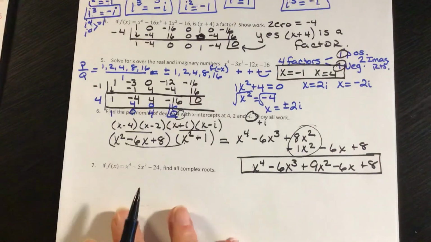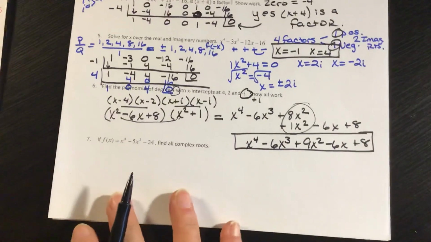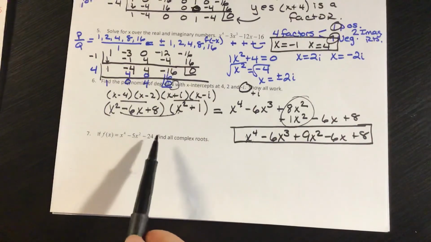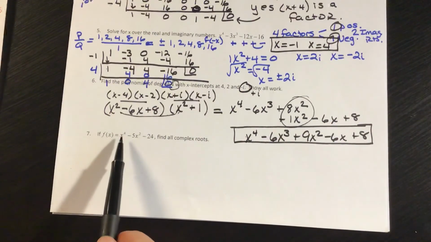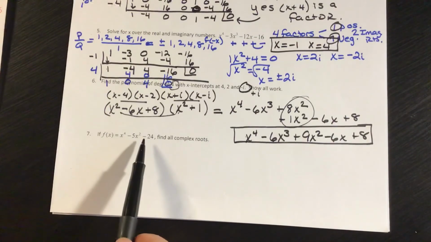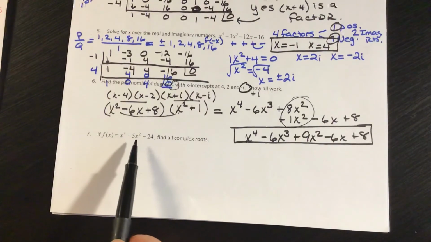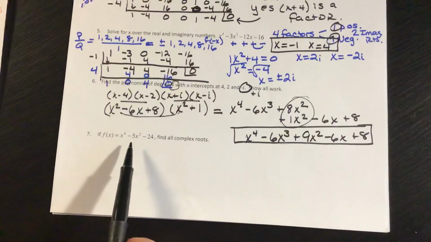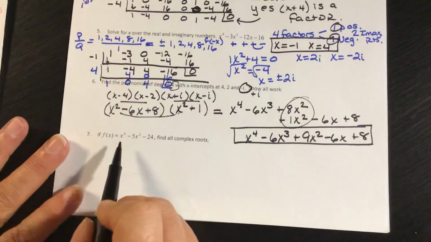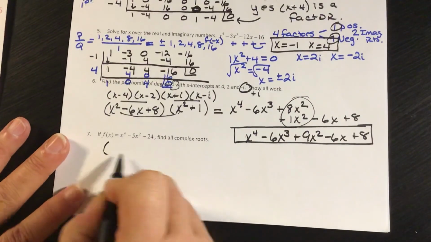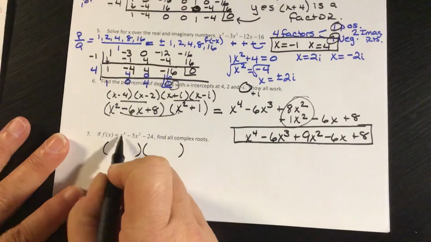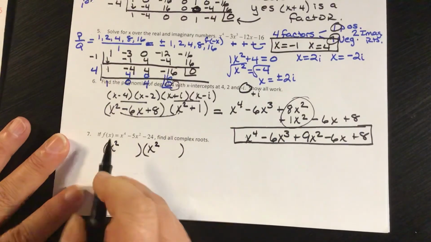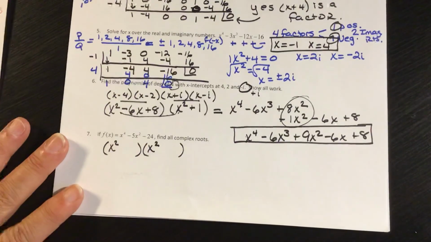And lastly, number 7, I'm finding all complex roots. Now I'm looking here and I have a trinomial and I am missing my odd terms. If I look at this, I can factor this and say I have x squared times x squared would give me x to the 4th.